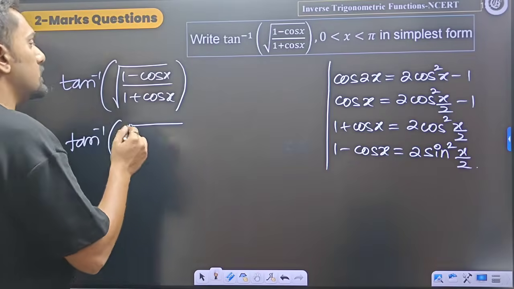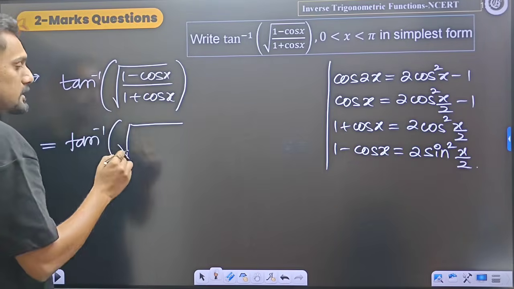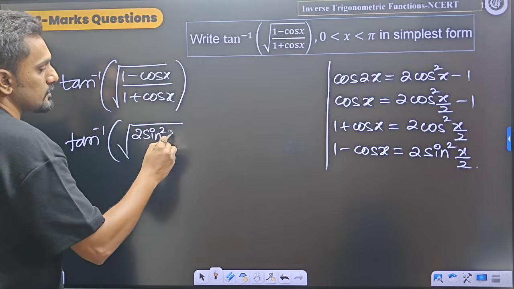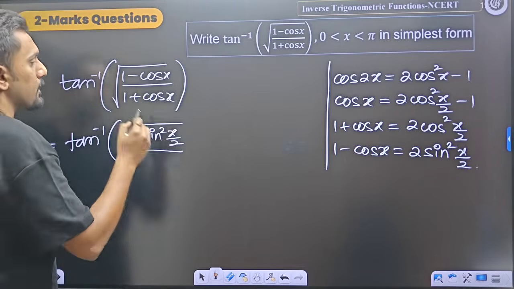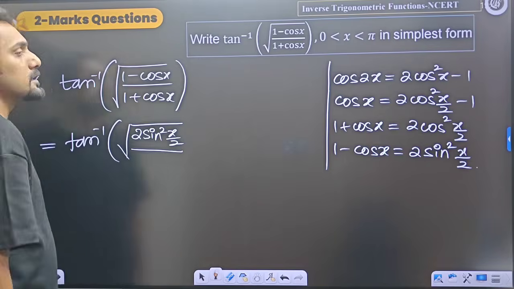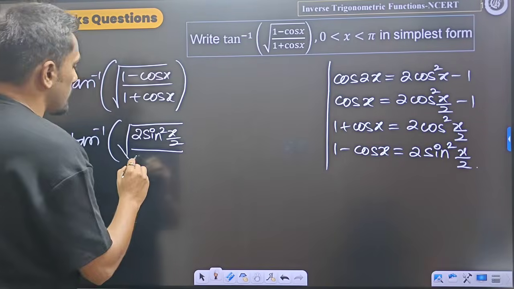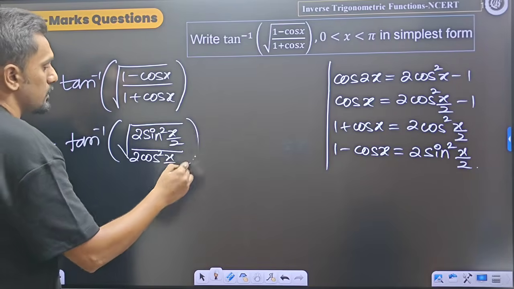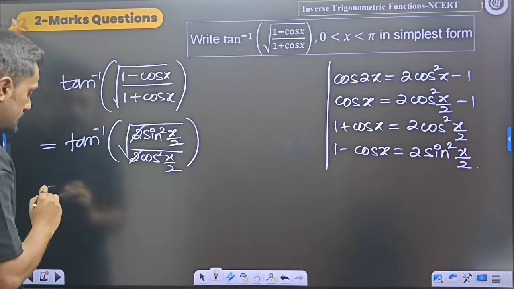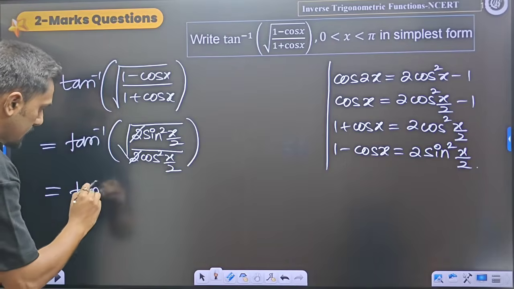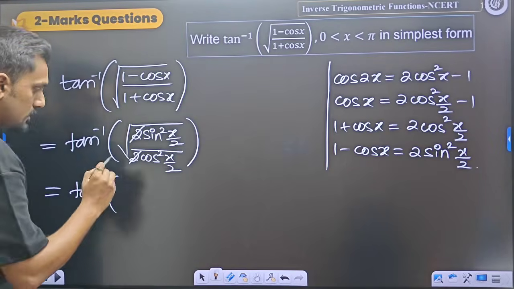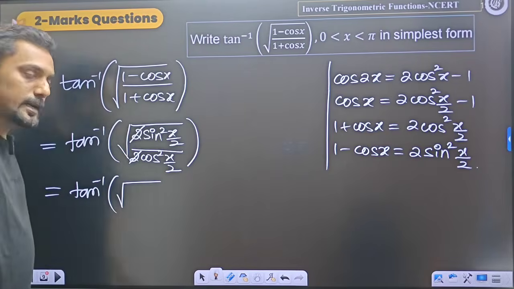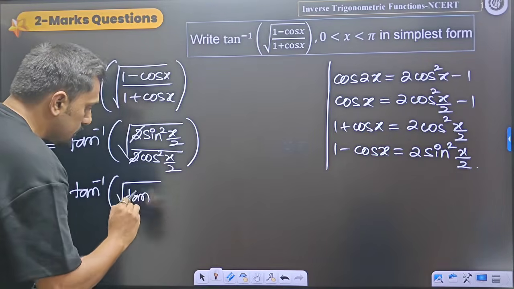So if I substitute in place of 1 minus cos x as 2 sin square x by 2 and in place of 1 plus cos x as what? 2 cos square x by 2. Here 2 and 2 get cancelled. So this becomes tan inverse of root of sin square theta divided by cos square theta, which is nothing but tan square theta.